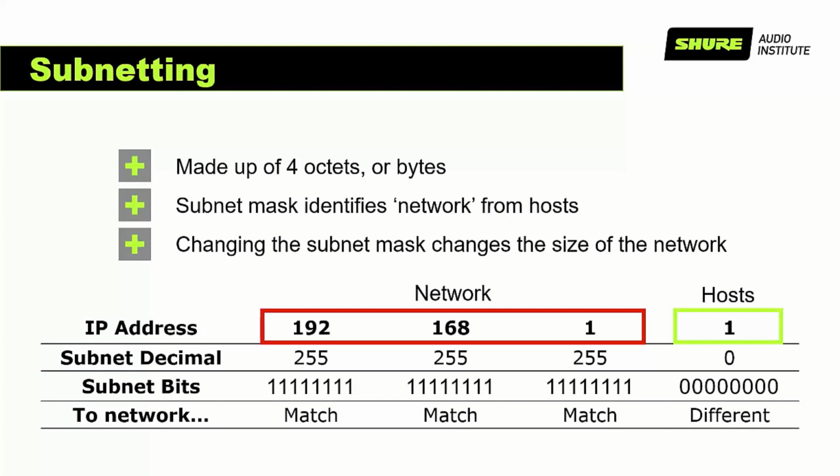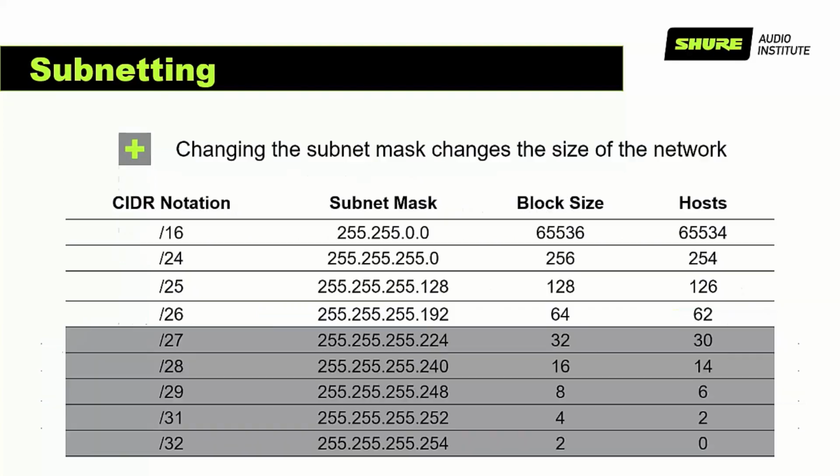So in this case, we would say that this is the 192.168.1.0 network. .0 would identify the network in this case, which means that the first available IP address for me to assign to a device is .1, because those subnet bits all line up, which identifies the network. .1 then is my first address available for hosts. And we can actually go forward, like I said, to change the size of our network by manipulating the size of the subnet mask.